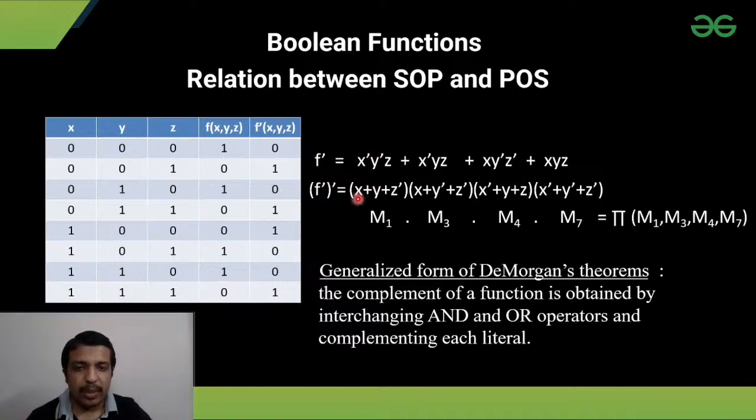X complement became x, y complement became y, z became z complement. We took complement of all these literals, and instead of these or symbols we have replaced by and symbols, and these and symbols we have replaced by or symbols, right?